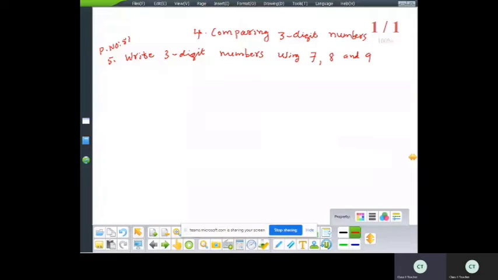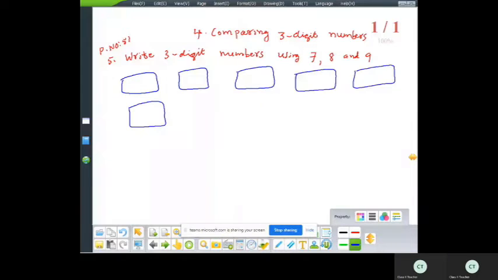We are given one example. The first box, second one, third one, fourth one, fifth one, and sixth one. And it is asking the smallest of these numbers, and asking the biggest one also.